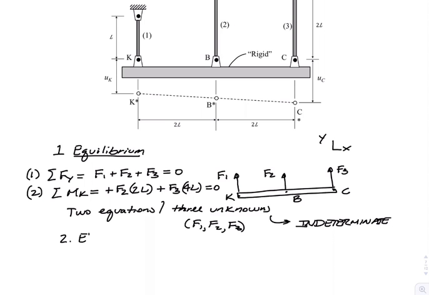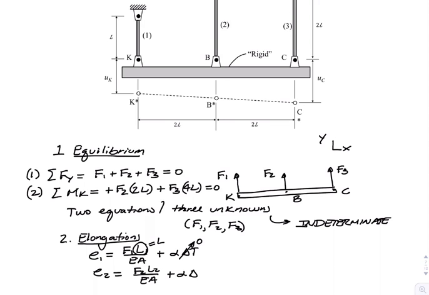So now let's look at our elongation equations. The elongation e1 is equal to F1 times L1 divided by EA plus alpha delta T. Well, it says that rod 1 is kept at a constant temperature here, and L1 is simply equal to L. e2 is the load carried by member 2 times L2 divided by EA plus alpha delta T. In this case, L2 is a length corresponding to 2L.